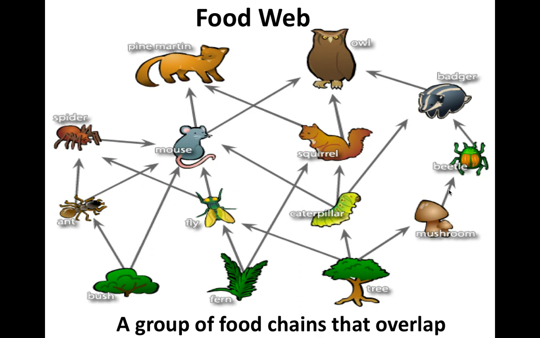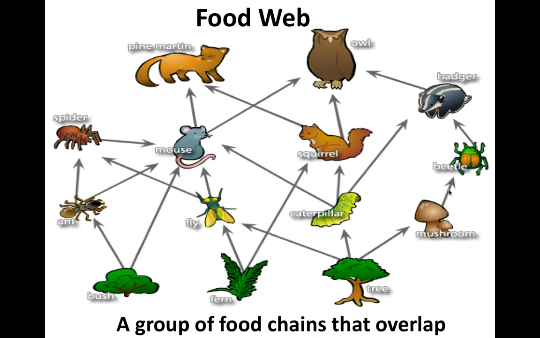A bush might be giving energy to an ant as well as a mouse. However, the mouse is going to be giving energy to an owl because that owl is going to eat the mouse. Whereas if you're thinking about squirrels, well, a squirrel could consume a bug such as a caterpillar.